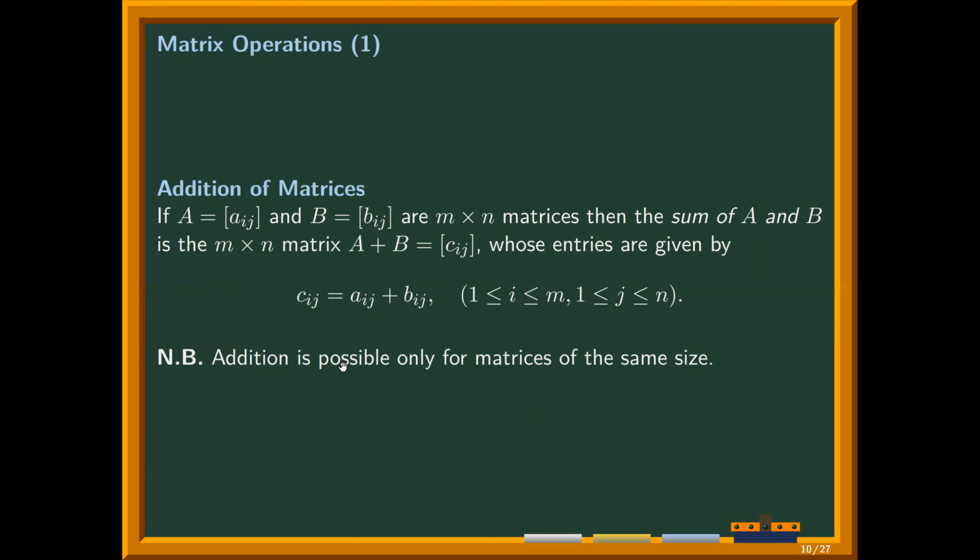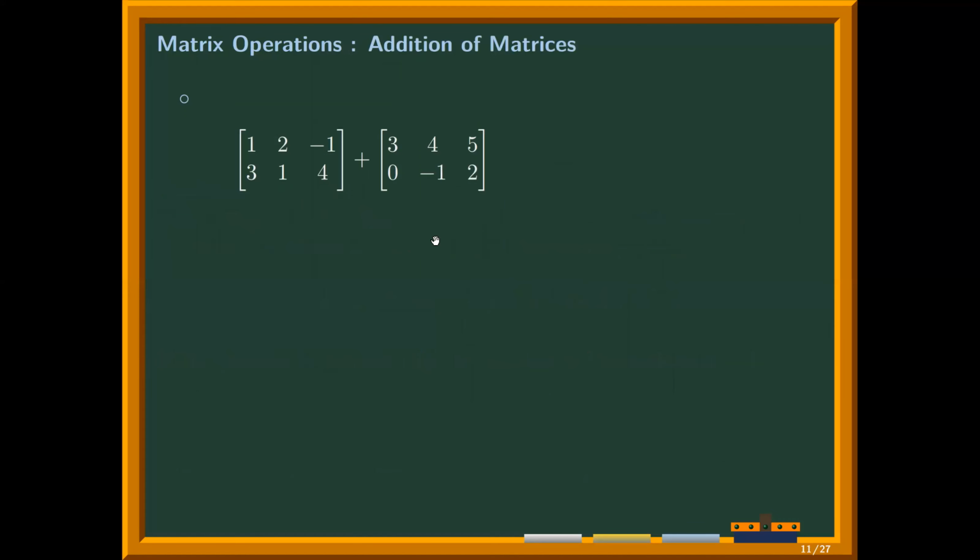Again, we should remember that addition is only possible when the matrix summands have the same size. To illustrate, consider these matrices A and B. So this is A, this is B. Both are 2 by 3 matrices, so they have the same size.